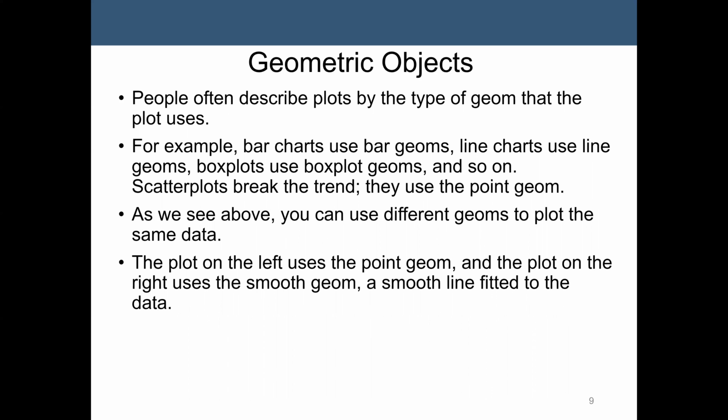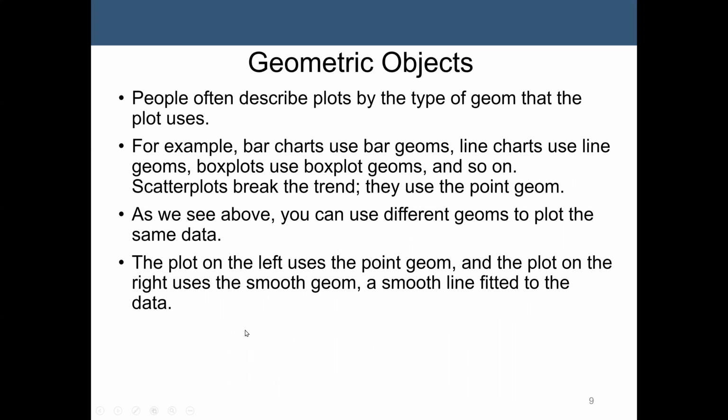They use the point geom, because we know a scatter plot is just points in our space. So a scatter plot normally consists of points, and it uses a point geom.